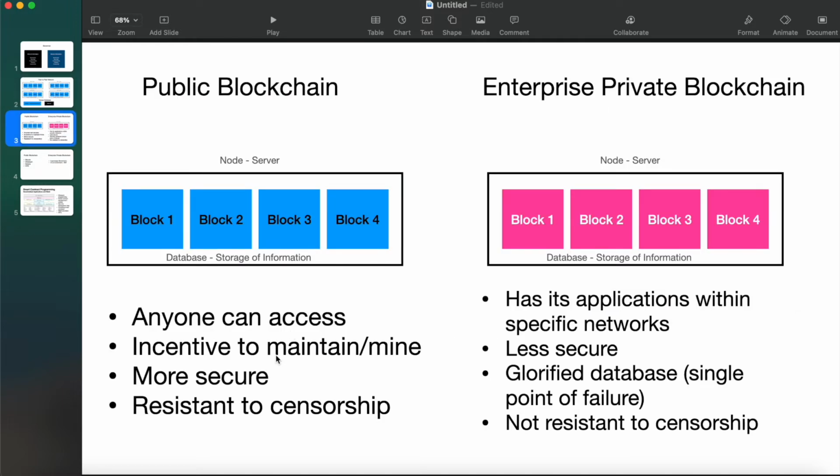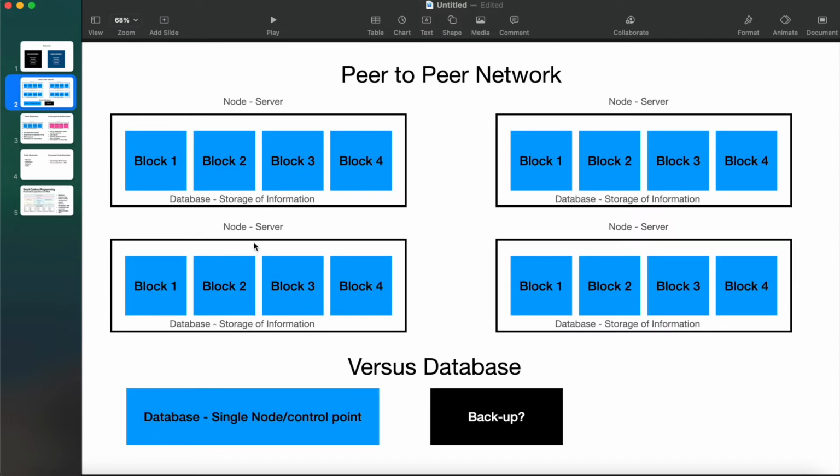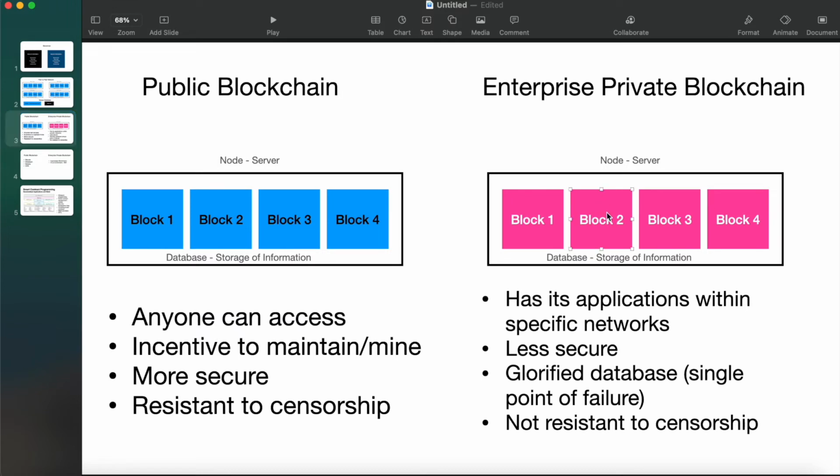But the challenge with that is, how do you incentivize people to maintain the blockchain? In a private blockchain, these nodes are resources. They're not free. If you want to run a Bitcoin node, for example, there is a couple of terabytes of space that you need to have in your node.